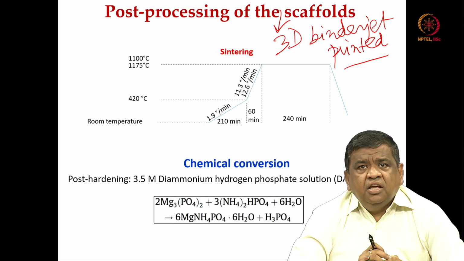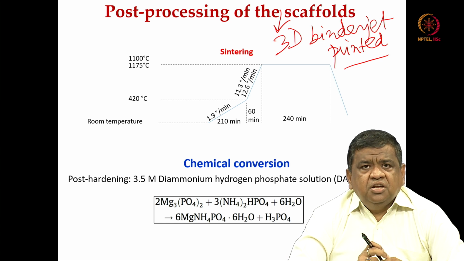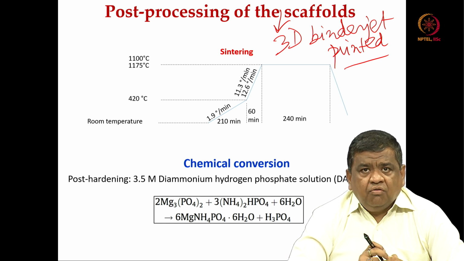For example, here, two types of post processing treatment approaches have been found: one is sintering and one is chemical conversion.